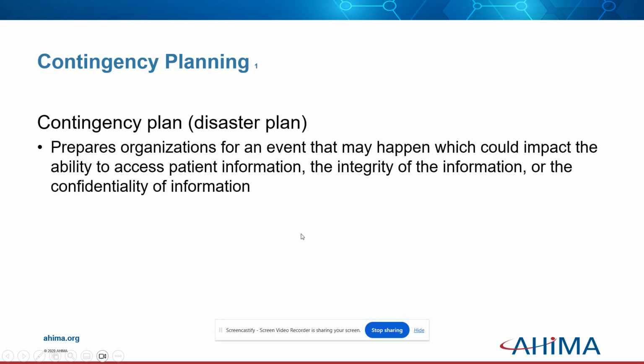Part of this also includes contingency planning or disaster planning. This helps an organization for an event that may happen which could impact the ability to access patient information, could be the integrity of the information or the confidentiality of information.